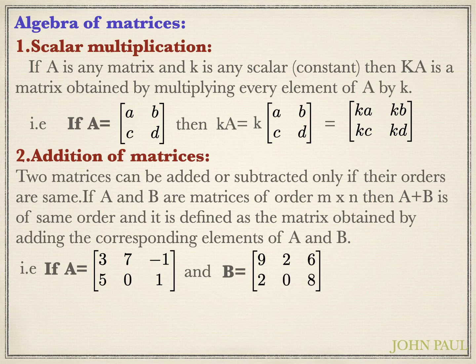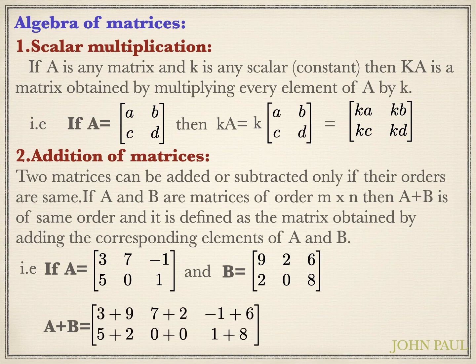Say in this, the order remains the same, so we can add it, that is A plus B equal to 3 plus 9, 7 plus 2, minus 1 plus 6, 5 plus 2, 0 plus 0, 1 plus 8. So by adding we get A plus B as 12, 9, 5, 7, 0, 9.